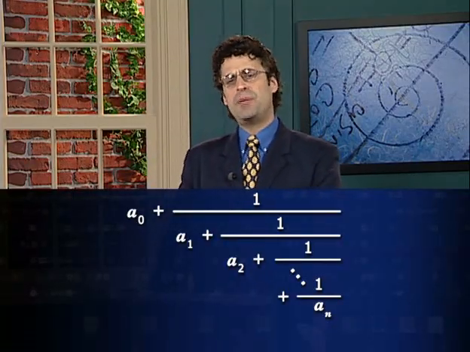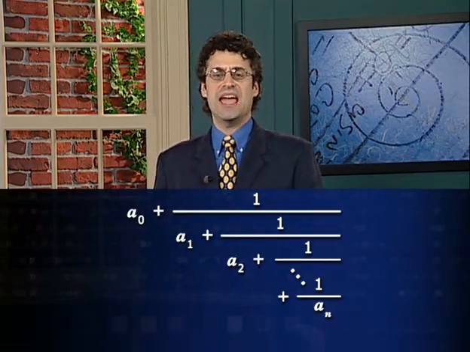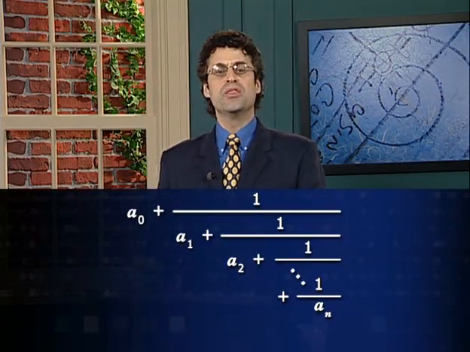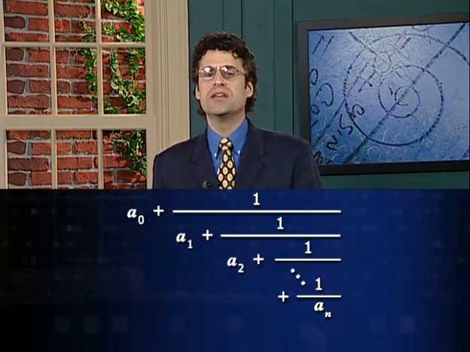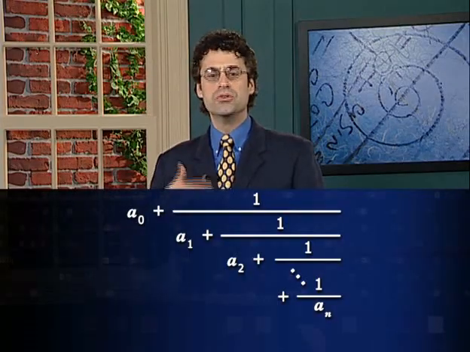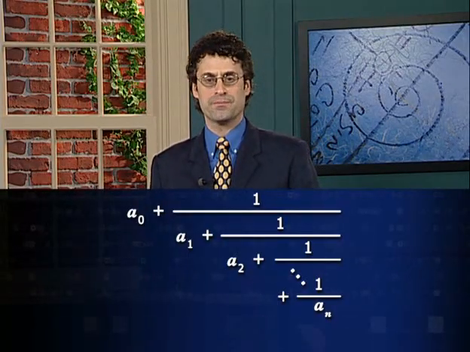In fact, upon closer inspection, we see that the a's are precisely the quotients we computed in our successive division Euclidean algorithm process.